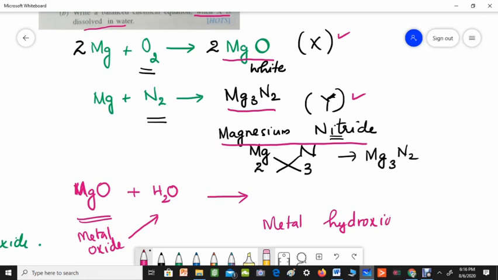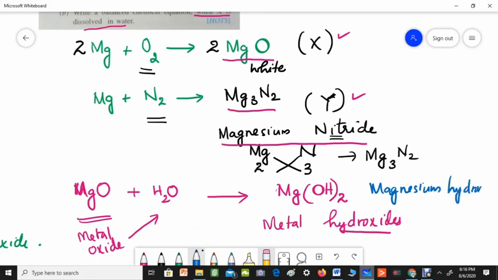So the product will be Mg hydroxide. The hydroxide formula is OH, and magnesium valency is 2, so you write it twice, and OH valency is 1. So the formula of magnesium hydroxide is Mg(OH)2.